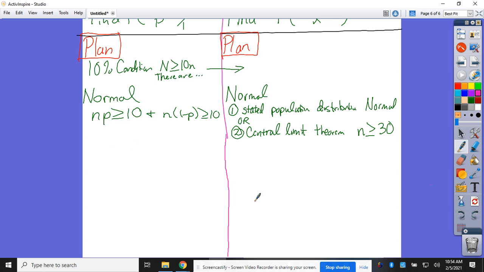And then in both of them, what do I always end with after normal? We can use normal approximation. And that has to happen for both of them.